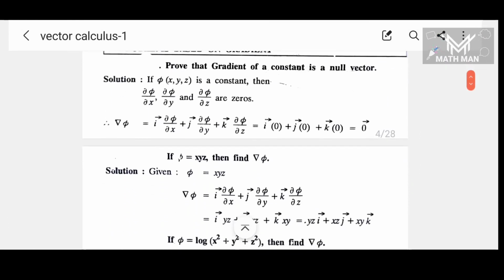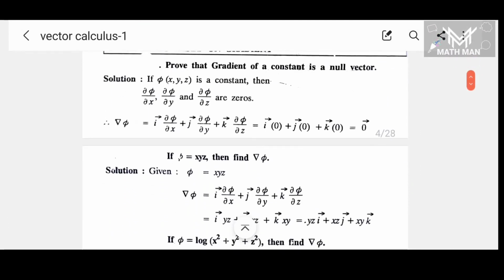And let us go to problem number 1. Before going to it, let us discuss this. Here phi of x, y, z means phi is a scalar quantity in x, y and z. It is not a constant; it is some value in x, y and z, and we don't know that one.